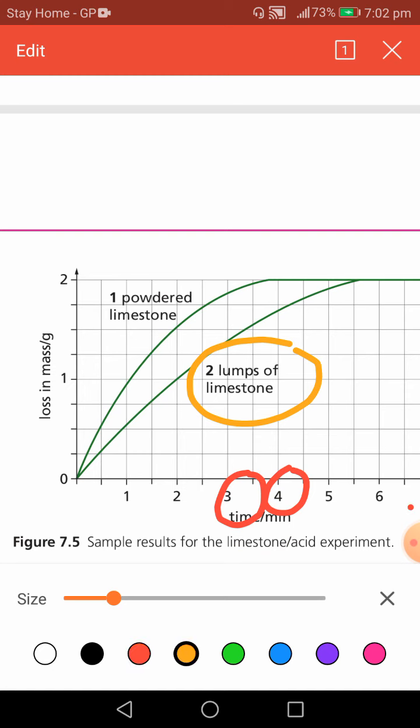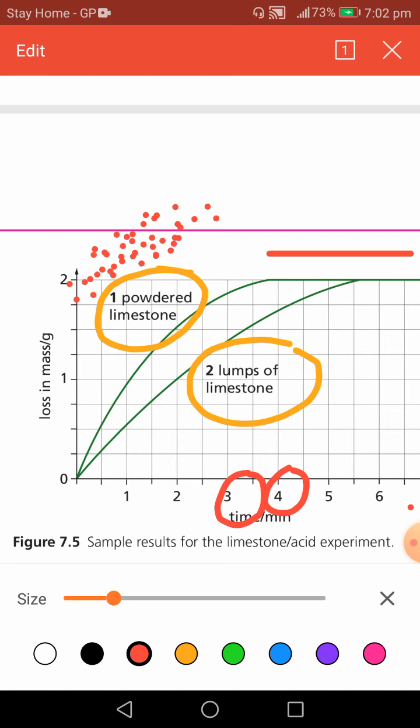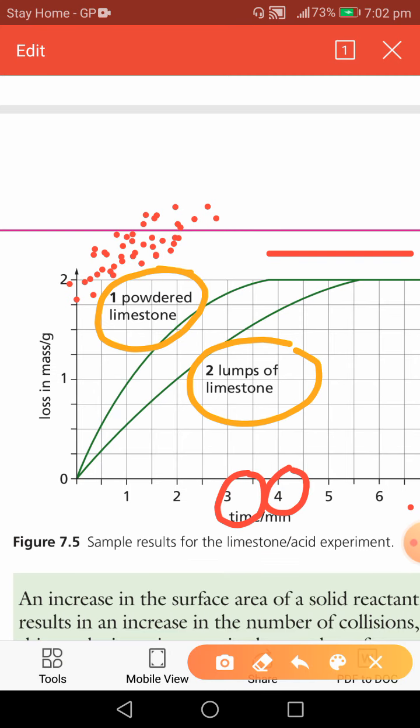And here in the second case they have used the powdered limestone, which is like this. So more surface area, more collision, more contact, and so more reaction, or a higher rate of reaction.